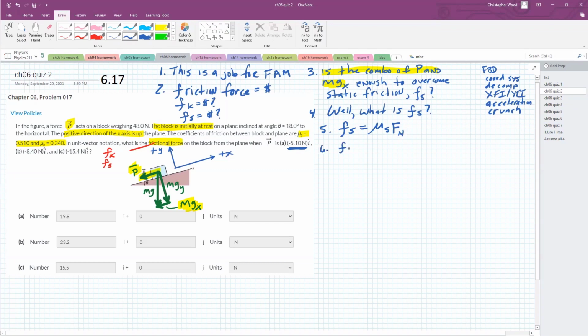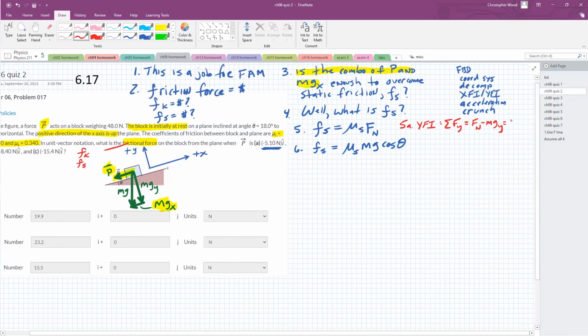Specifically, here's how much static friction I have: mu sub S times the normal force, which is mg cos theta. We've seen that. Technically speaking, to be airtight, I would do a 5a and a y force inventory. The sum of all y forces: I have the normal force going up and mgy going down, equals mass times acceleration.